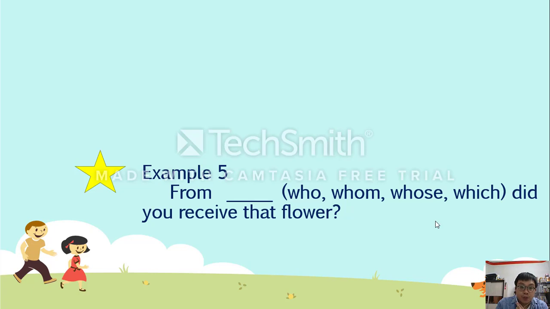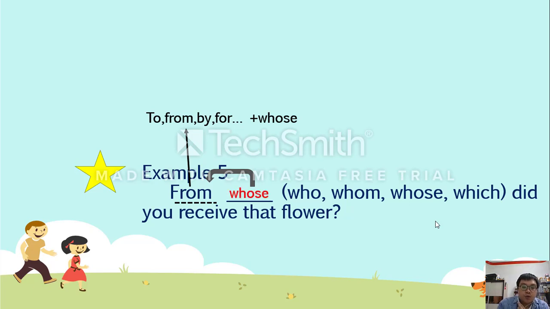special example. So you look at the word before answer, you see from, right? So if you see the word to, from, by, for, these are called prepositions. Then after prepositions, your answer should be, not whose actually. Okay, this is a mistake. This whose should be whom. Okay, please change to whom.